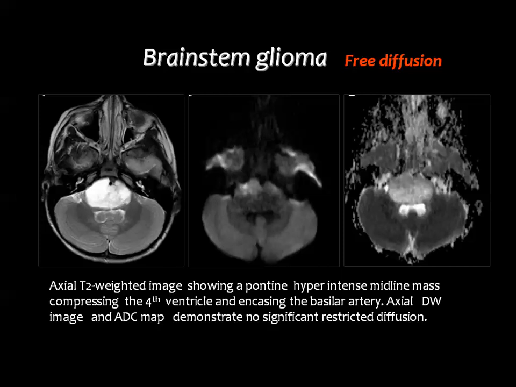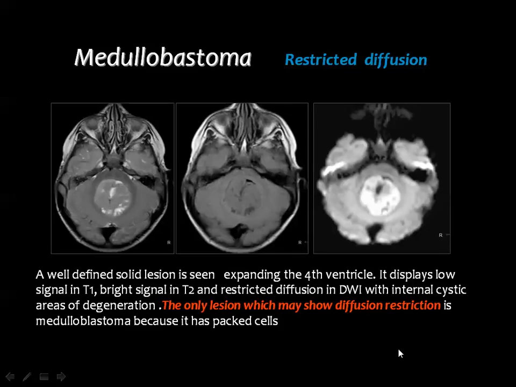And this is the case of a brainstem glioma. A bright signal in the T2 weighted image with the characteristic finger-like extension along the basilar artery. And in the DWI, the lesion is black. In the ADC, the lesion is bright, equals free diffusion. Most of the brain tumors will show free diffusion.